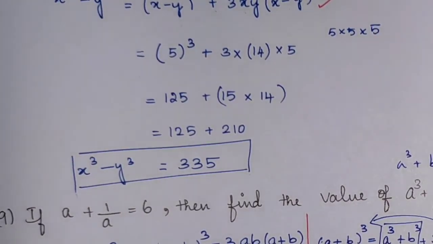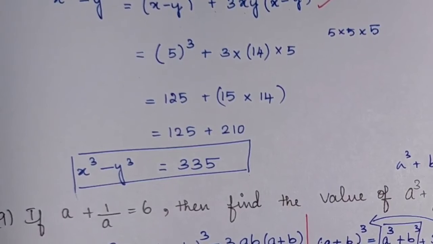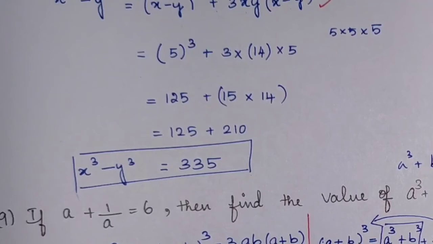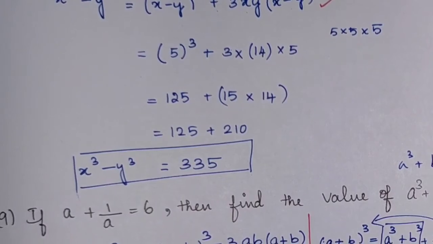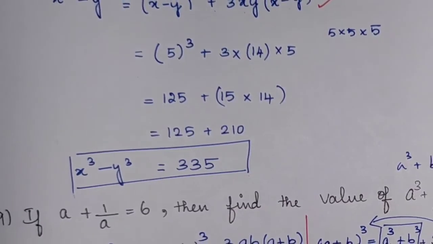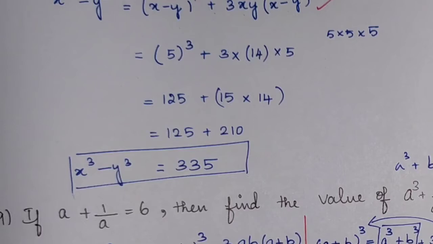Okay, so it is equal to a plus b the whole cube, that is a plus 1 by a the whole cube, minus 3 into ab. a value is a, b value is 1 by a, into a plus b, that is a plus 1 by a. Okay, now this a and a will get cancelled.